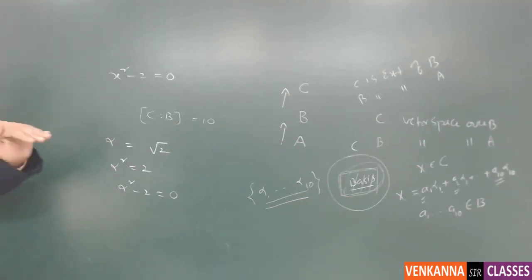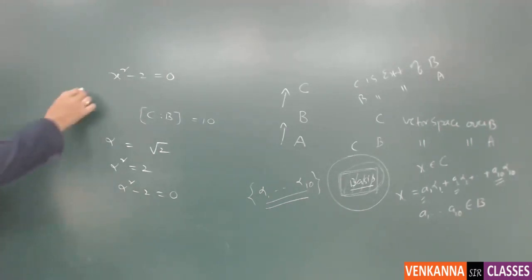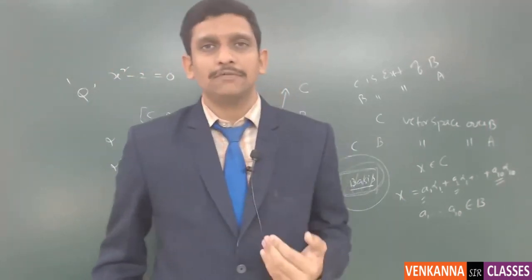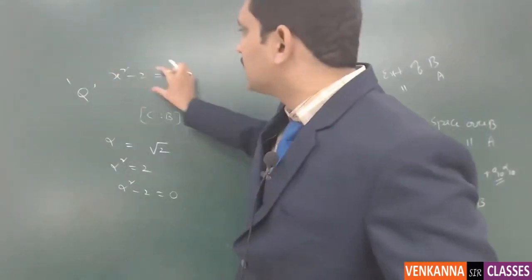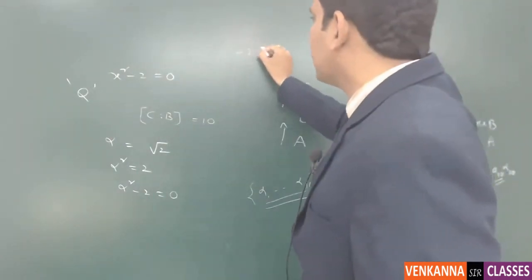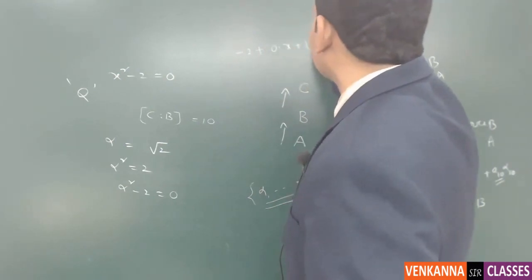Now, let us verify whether this polynomial is irreducible over Q or not. So here we can apply the Eisenstein criterion. If you write this as a polynomial, it is nothing but minus 2 plus 0 into x plus 1 into x square.